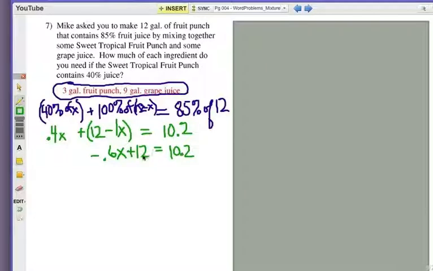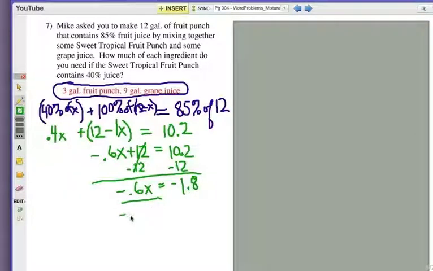Now let's subtract the 12 from each side. I could do this in opposite order and avoid subtraction or negative signs, but that's all right. I'm going to have a negative 0.6X equals negative 1.8. So divide each side by negative 0.6.